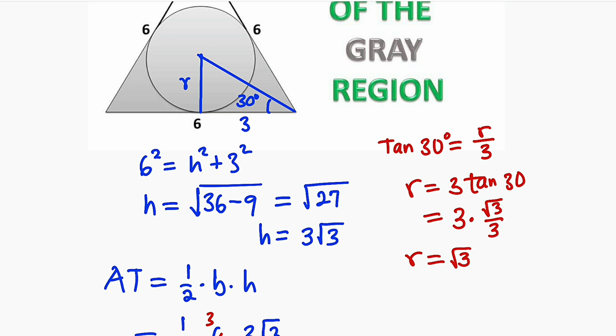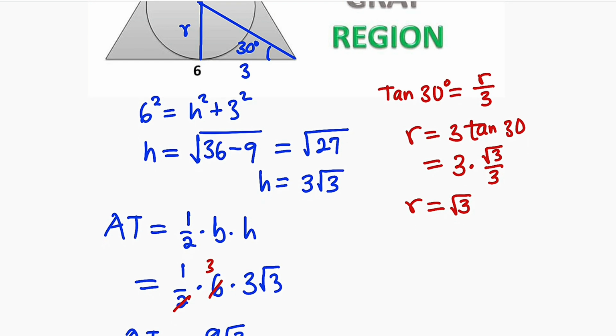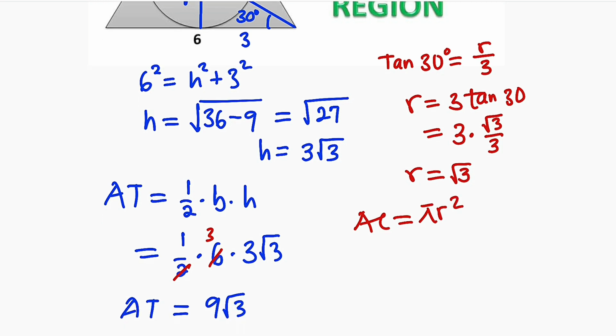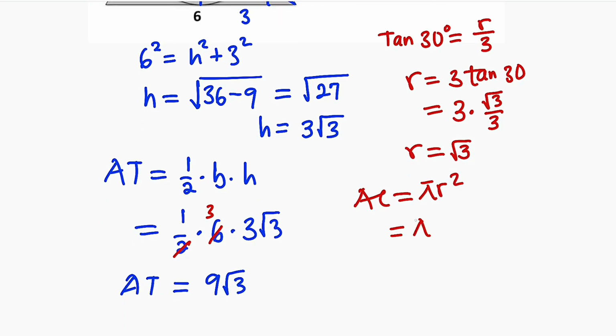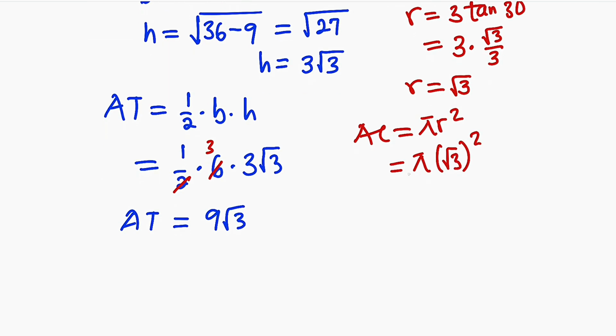So now let us apply the formula for finding the area of a circle, which is pi r squared. Area of the circle is equal to pi r squared. This is equal to pi times root 3 squared. Power of 2 will cancel the square root. Therefore, the area of the circle is equal to 3 pi. All of these are in units squared.